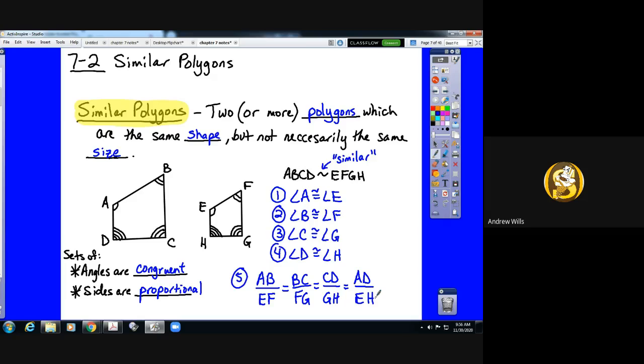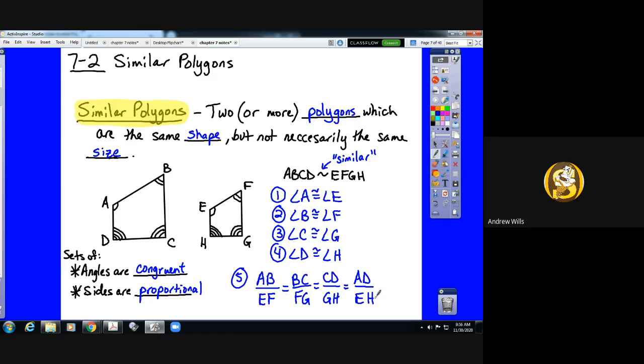The sides are not congruent. They are proportional. And again, that's the same sort of thing we did with congruent statements in terms of pairing stuff up. First two letters over first two letters equals second two letters over second two letters equals last two letters over last two letters equals first and last over first and last.